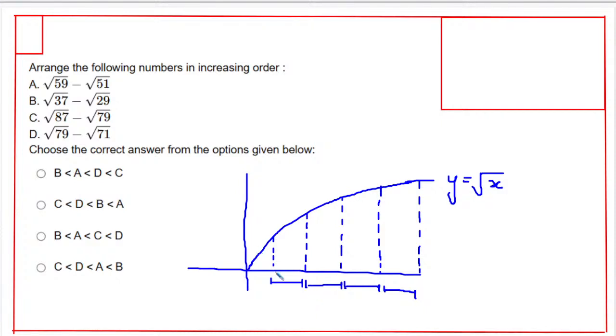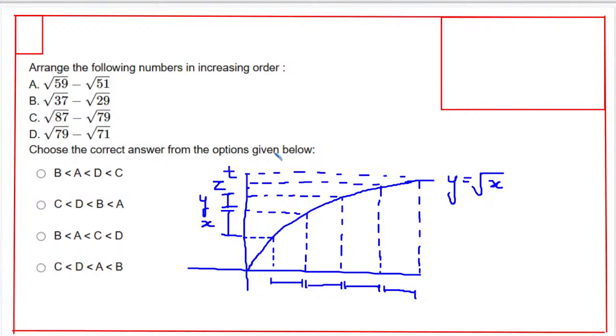Assuming the values, okay. Let's suppose this is some x value corresponding to this part. This is y corresponding to this part, z, and same corresponding to this part. Let's say t. So we can clearly say that x is greater than y, z, and it is like this.